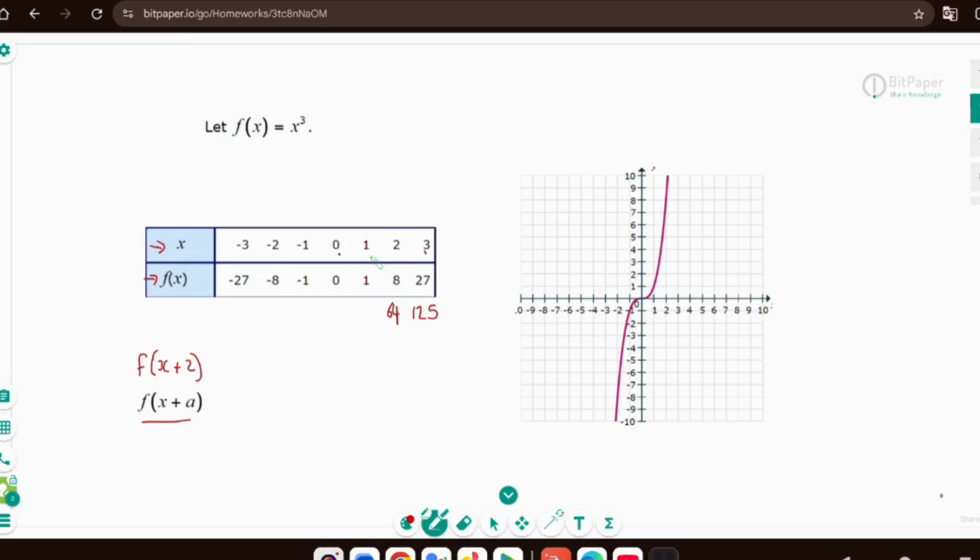Here we have 1 plus 2 is 3, 3 cubed is 27. 0 plus 2 is 2, 2 cubed is 8. Minus 1 plus 2 is 1, 1 cubed is 1. Minus 2 plus 2 is 0, 0 cubed, 0. Minus 3 plus 2 is minus 1, minus 1 cubed, minus 1.